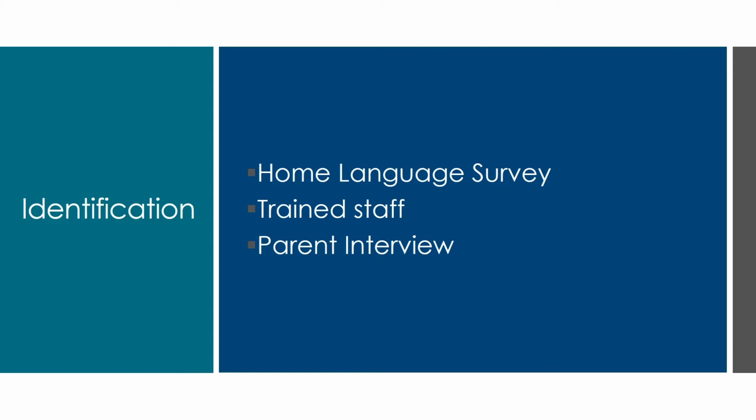So this is not just for ELs. This is the first step that is going to trigger the next step, which will be the assessment of the English language proficiency of the student. Trained staff is important because sometimes secretaries are the ones that help parents with their documentation at registration. So it is important that secretaries know about this.